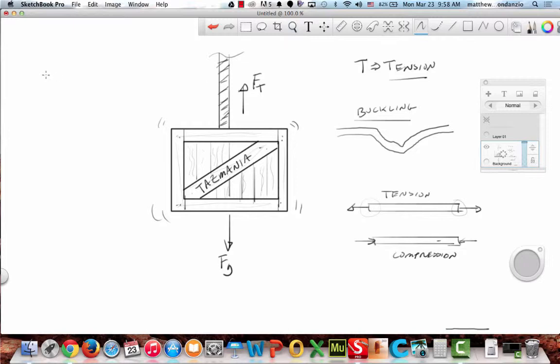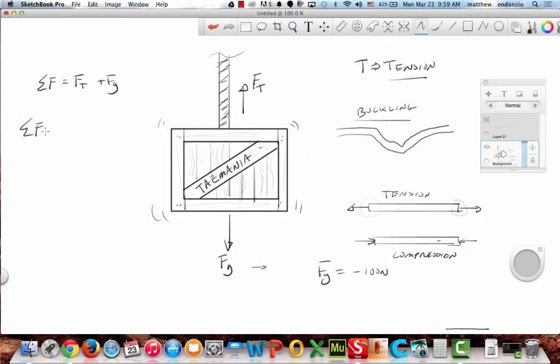Let's look at that. The sum of the forces is equal to my F of tension plus my F of gravity. Let's assume that F of g equals negative 100 newtons. So let's say that the forces are balanced.